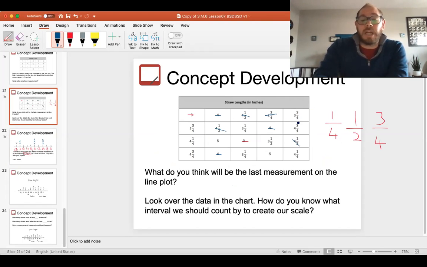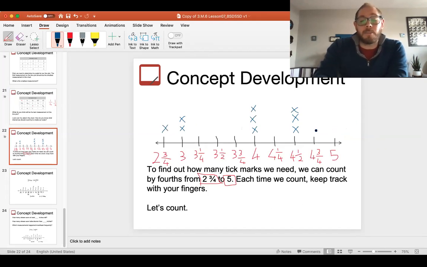3 3/4. There's 1, 2, just 2. So how many X's am I gonna put above 3 3/4 here? 2 X's. 1 and 2.